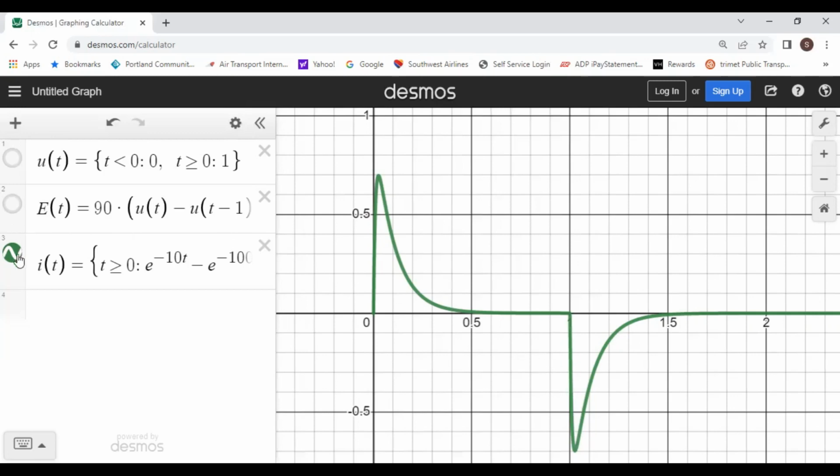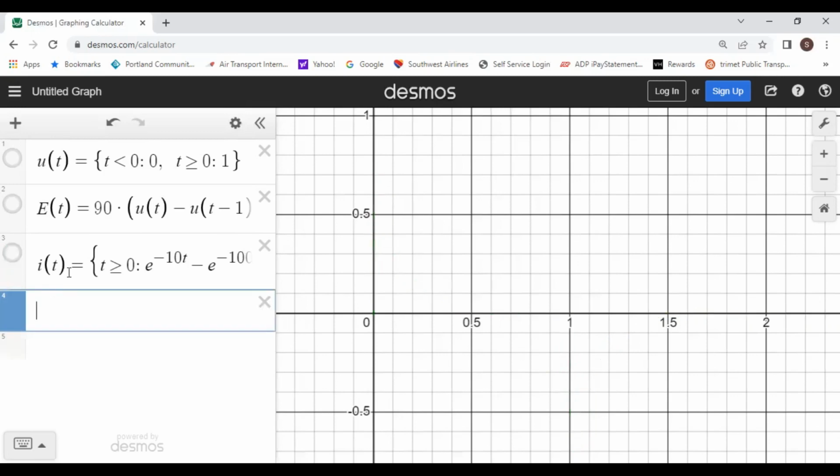Now, once again, I don't find circuits particularly easy to understand, but if there is one direction that's easier to understand, it's not current, it is charge. So here's how we can actually do the charge. Remember that the current is the derivative of the charge, which means that the charge is the antiderivative of the current.